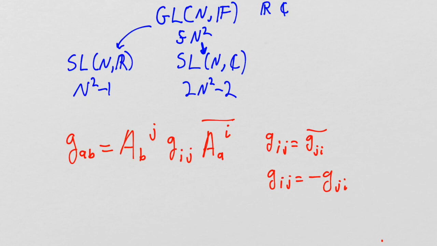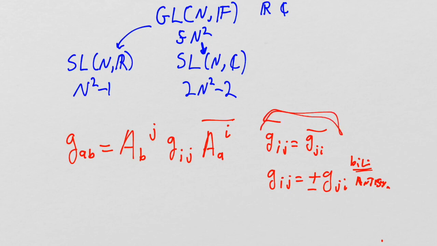So you could also say it this way: Gij equals plus minus Gji, and that covers the bilinear symmetric and the bilinear antisymmetric. The point is the constraints all look like this.